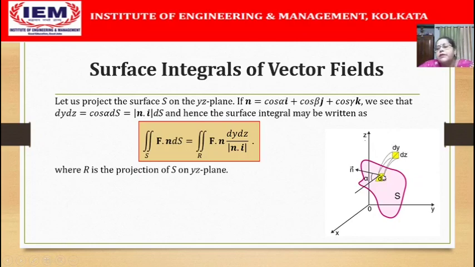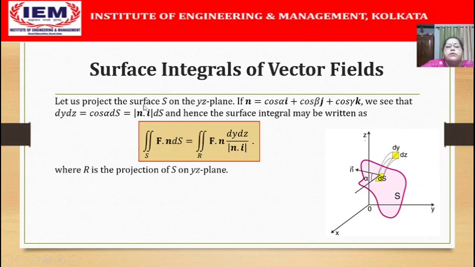So note that if the normal vector makes an angle alpha with the x-axis, then this dy dz is given by cos alpha dS. And also see that if this unit vector n is cos alpha i plus cos beta j plus cos gamma k, then cos alpha is given by nothing but n dot i.